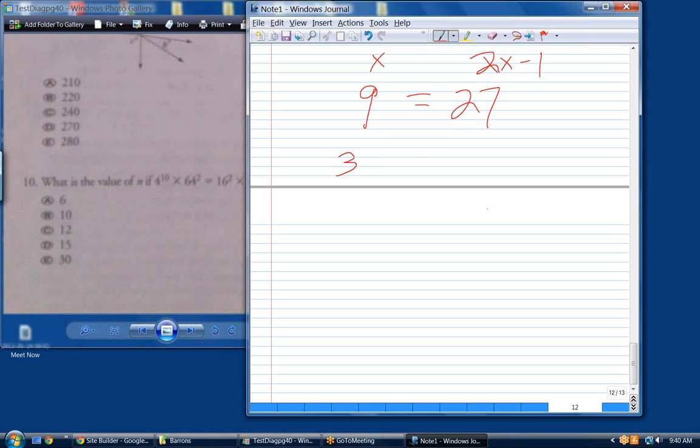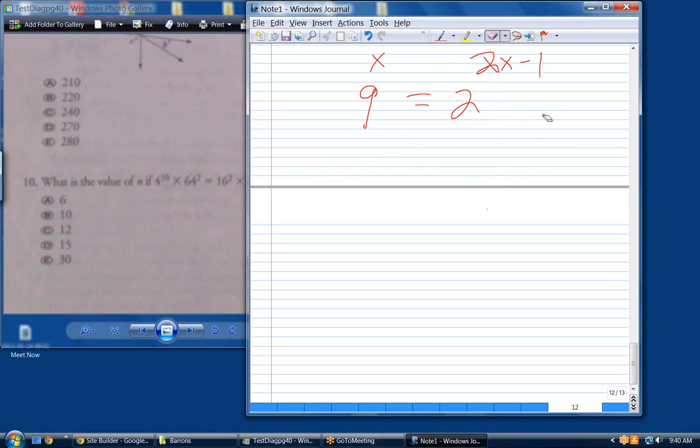So I would write 3 squared for the 9, and 3 cubed for the 27. Multiply these two out, multiply those two out, and equate the exponents when I'm done. And solve that equation for x.